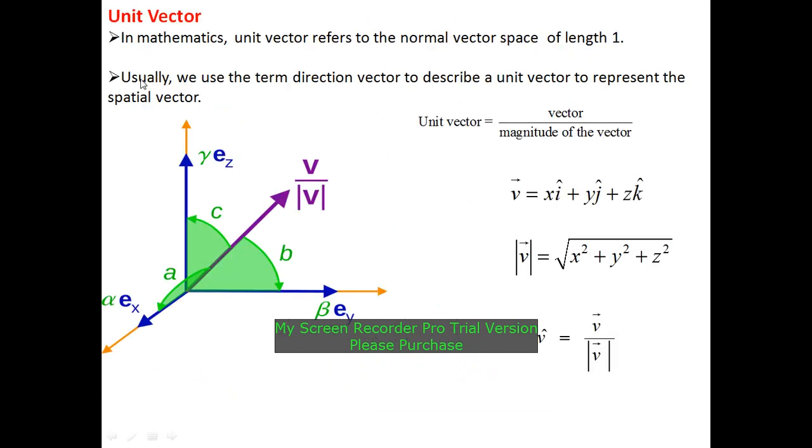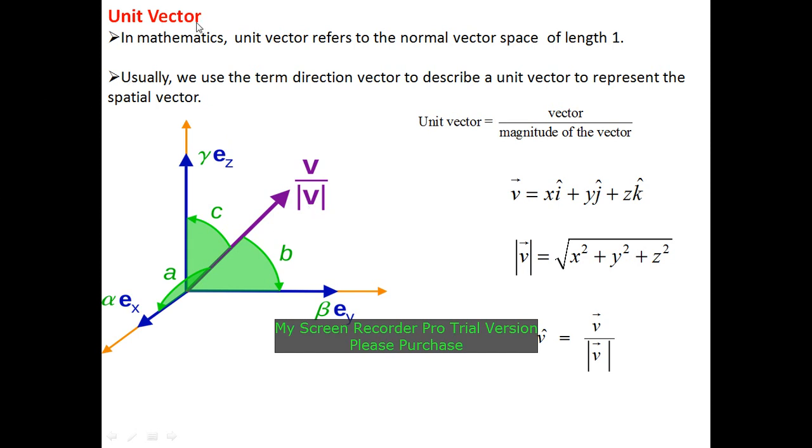Next is the unit vector. Usually we use the term direction vector to describe a unit vector to represent spatial vectors. Here I mentioned a three-dimensional figure, which represents x, y and z, and this vector is representing the direction of a vector, which is also known as a unit vector.